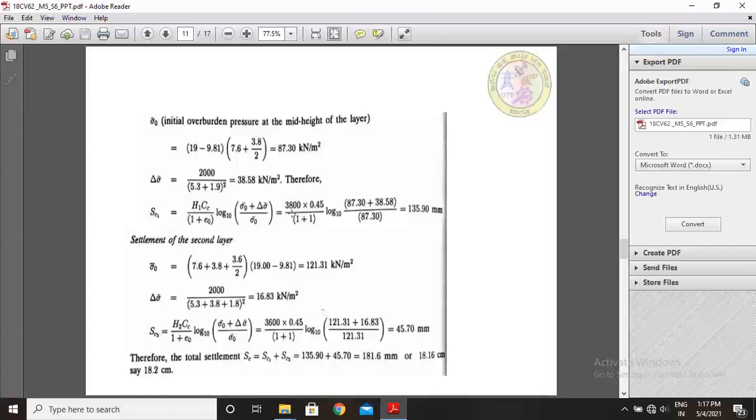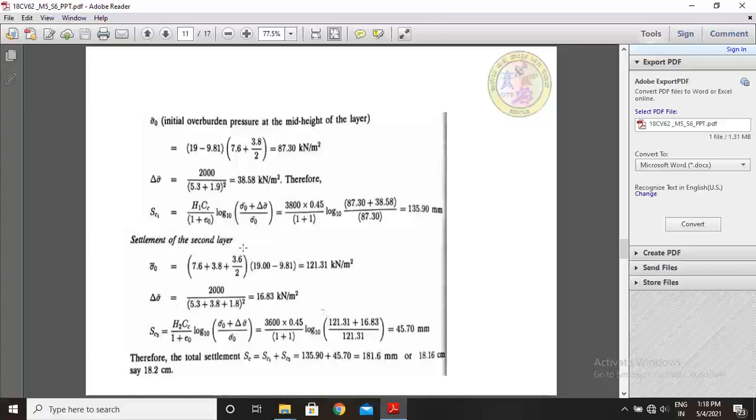H1 is 3800 mm, Cc is 0.45 by (1 plus e naught, which is 1), log base 10 of (87.3 plus change in overburden pressure 38.58) divided by 87.3. Finally we are getting 135.9 mm. So this is the consolidation settlement in layer 1.